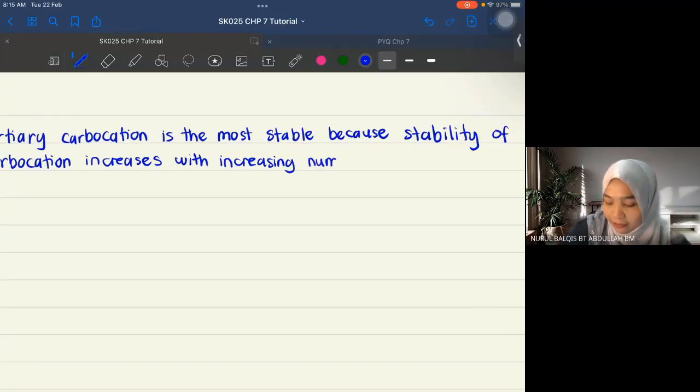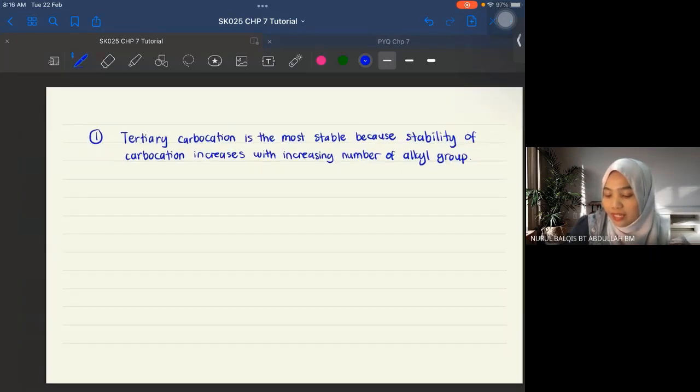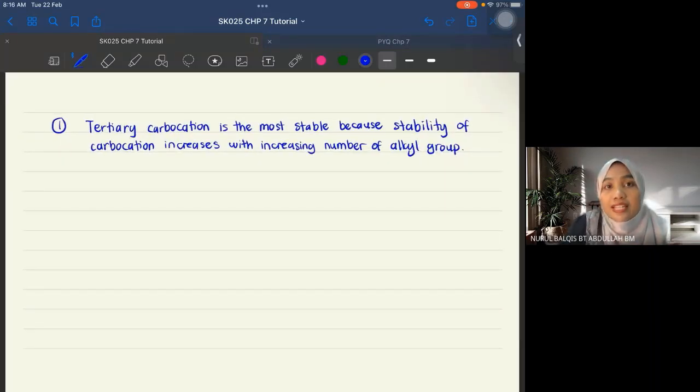Number of siapa yang kita nak tambah kalau nak bagi stable? Electron. Yes, alkyl group. So first awak bagi dulu general statement yang mempengaruhi stability, the reactivity towards SN1 mechanism.